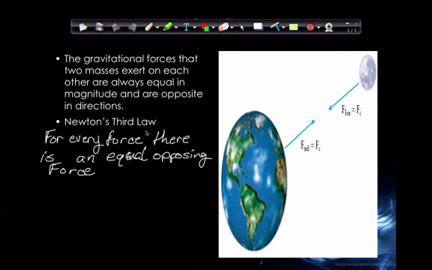When we're looking at gravity, any two objects exert a force of gravity on each other. The Earth pulls on the moon with a force of gravity, and the moon pulls back on the Earth with a force of gravity. Those forces are equal to each other.